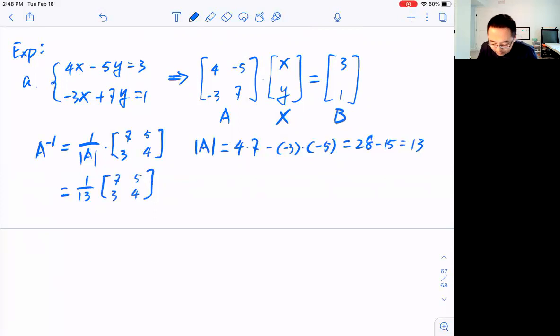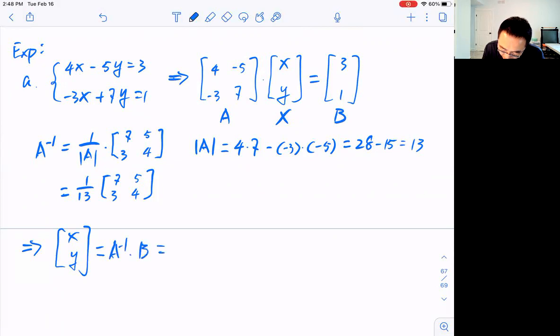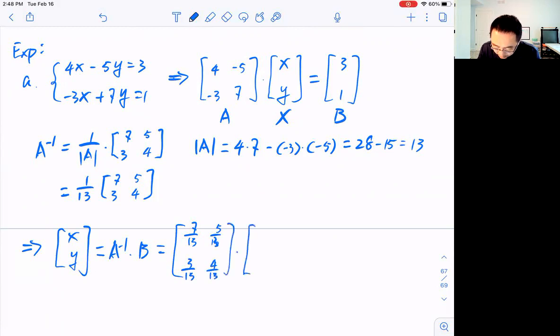So that means your x and y equals A inverse times B, which is 7 over 13, 5 over 13, 3 over 13 and 4 over 13 (we just multiply the 1 over 13 inside the whole matrix) times your constant matrix.